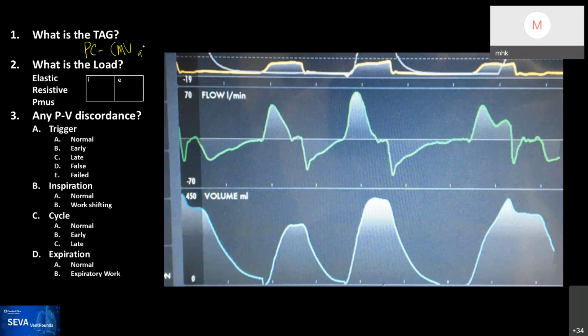I also wonder if the other waveform is like a neural waveform, and this is like a NAVA setting, which would make it a PC-CMV-S. In terms of load, it looks pretty elastic on inspiration.